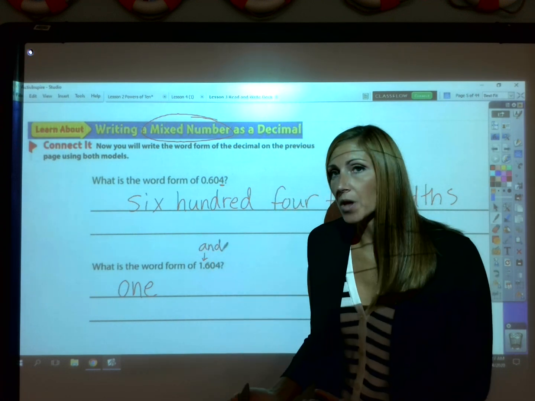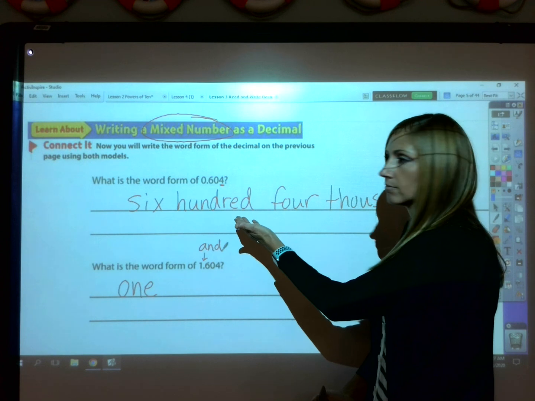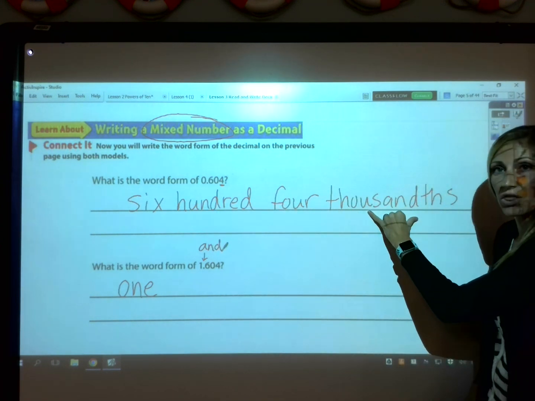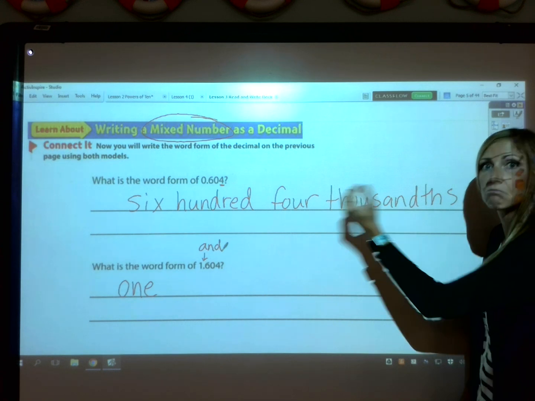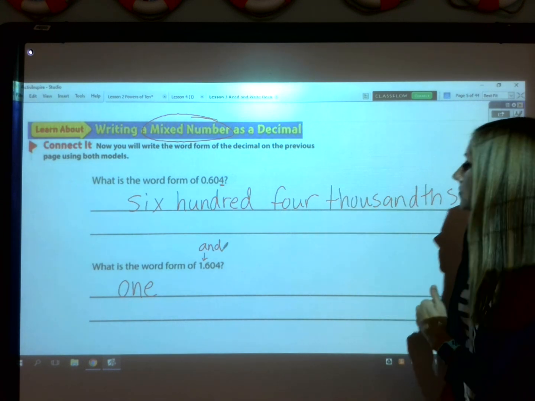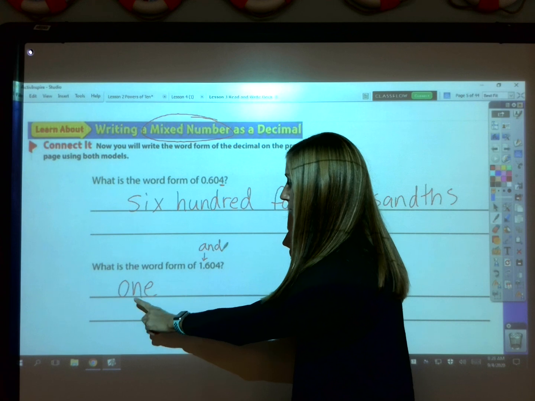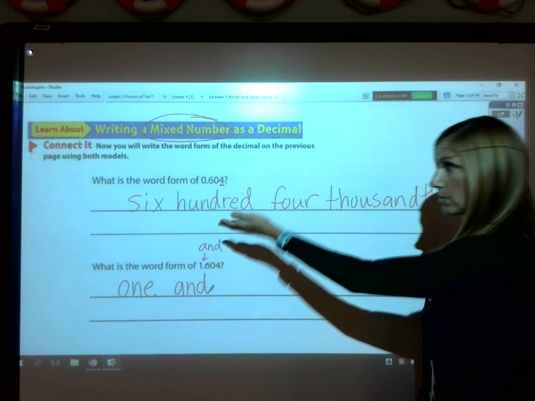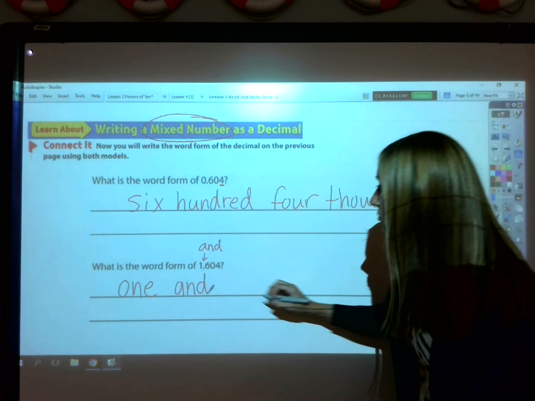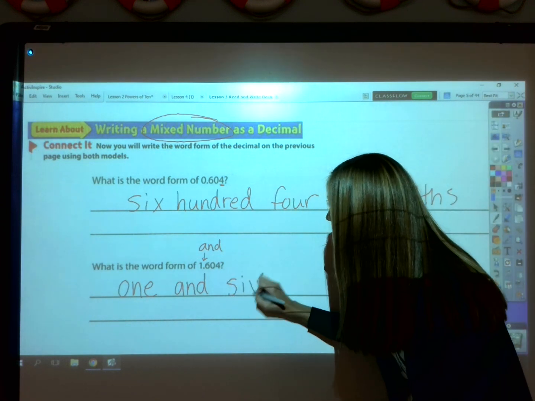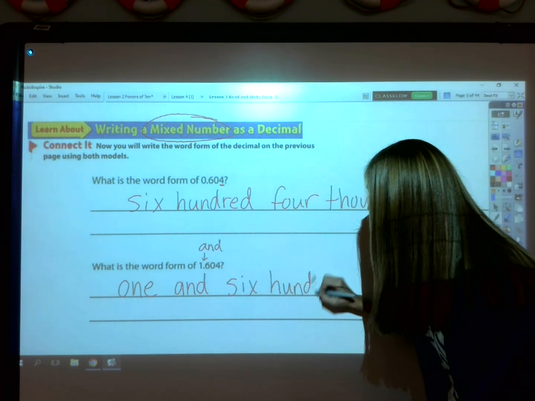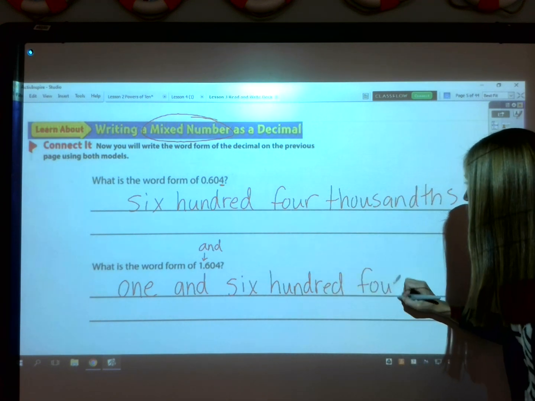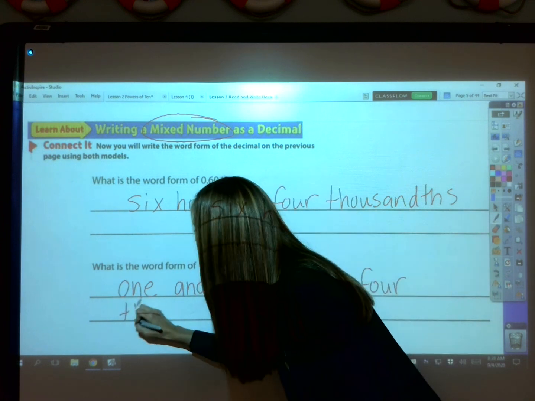Now, if there's not a whole number, we don't say it. We know that it's a decimal, though, because we go all the way to the thousands, which is on the other side of the decimal. So if there's a whole number, you write it, and then you say the word and, then repeat what we did before, because it was just a decimal. 604 thousandths.